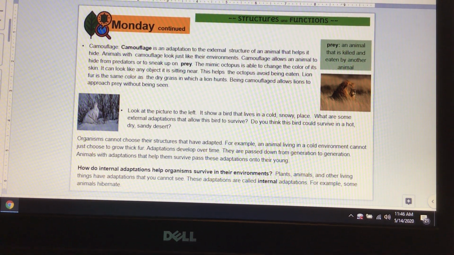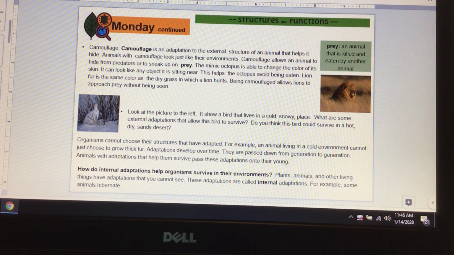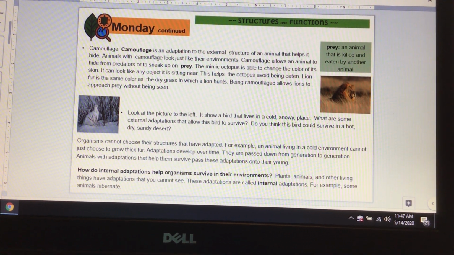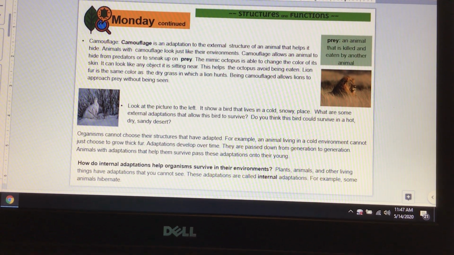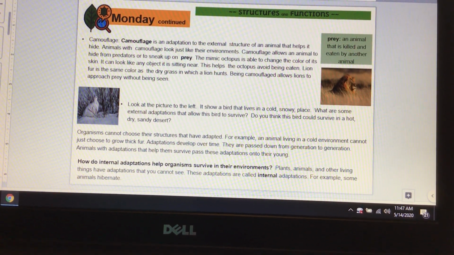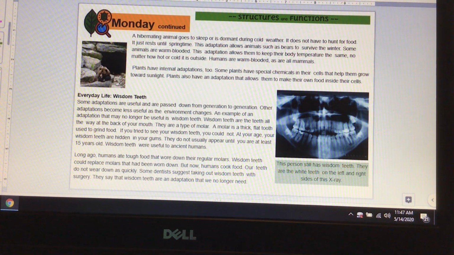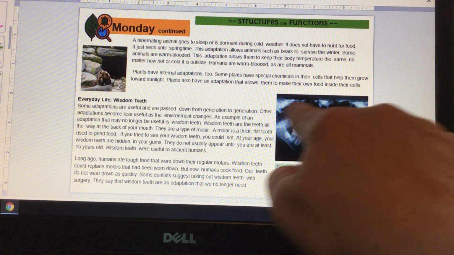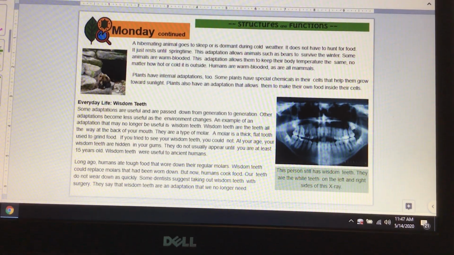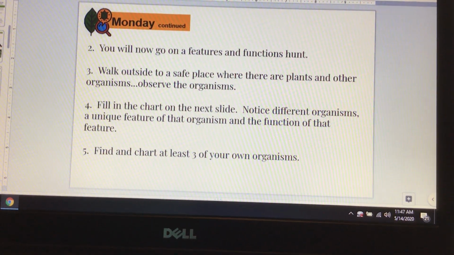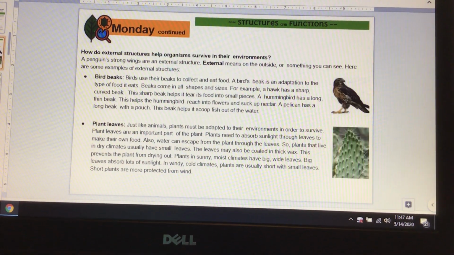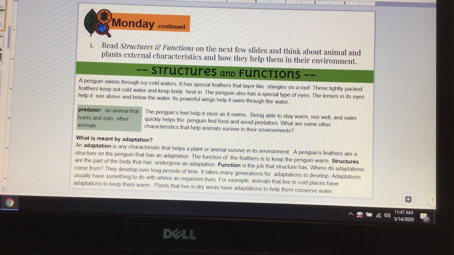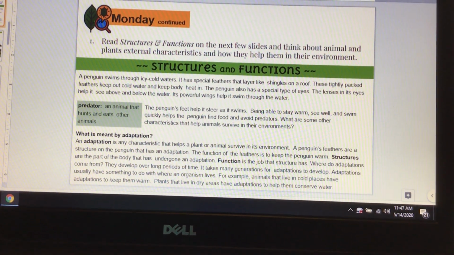Talking about camouflage and how that helps with prey and predator. Then looking at how the internal things of organisms help them to survive. And then talking about hibernation, looking at our wisdom teeth, some interesting information about humans and the wisdom teeth. All right, so I want you to go ahead and stop right now and pause your video so that you can read structures and functions.